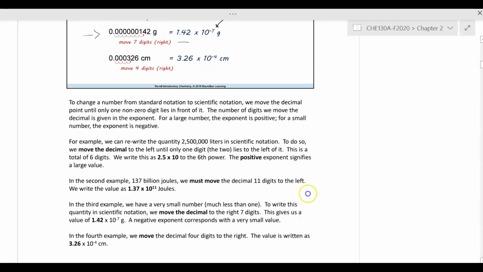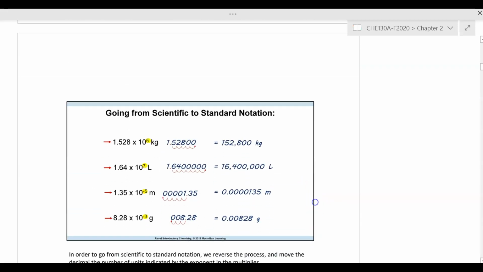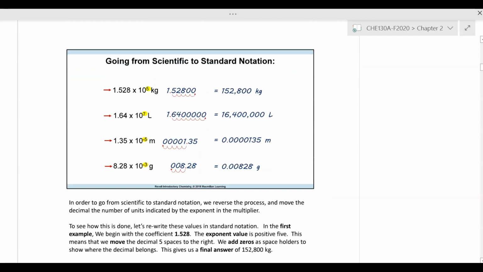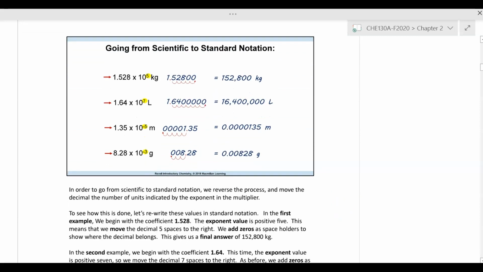And here are some examples of going from standard to scientific, or scientific to standard again. We're taking that value, moving the decimal point in the proper direction, and we get our values. And again, if we have a negative exponent, our value is less than 1. If we have a positive exponent, our value is more than 1.